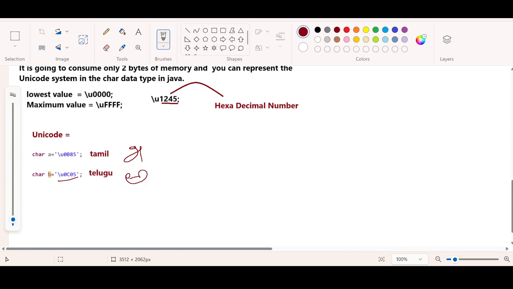You do not have to remember these Unicodes, there is a chart for that. You are able to represent English alphabets, Telugu letters, Tamil letters, Hindi letters, Malayalam letters, whatever it is.